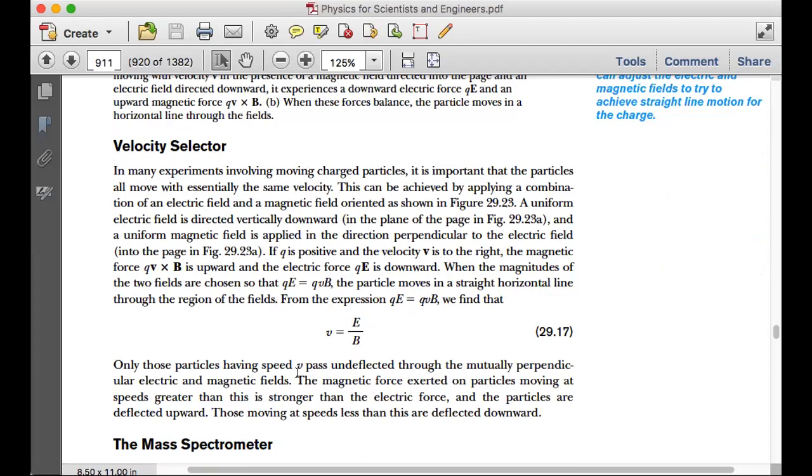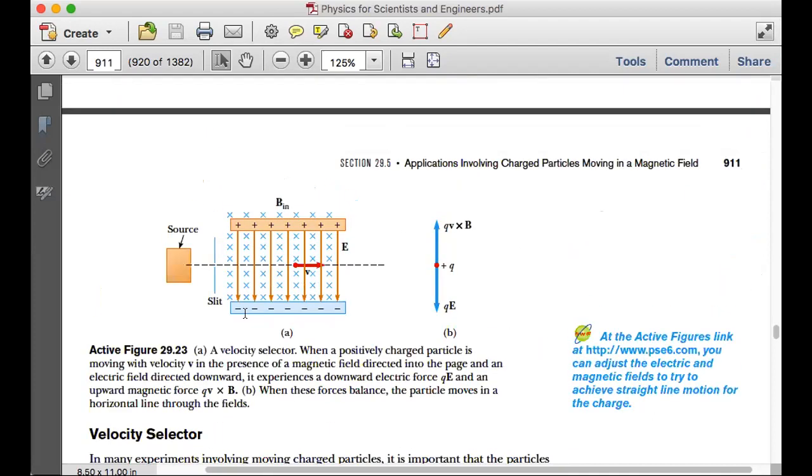If not, it will go, for example, negative will go to the positive pole, and if positive, it will fall to the negative pole.